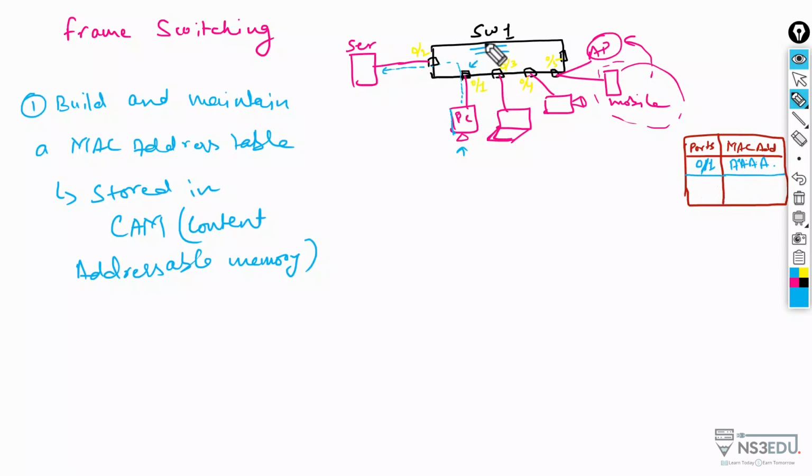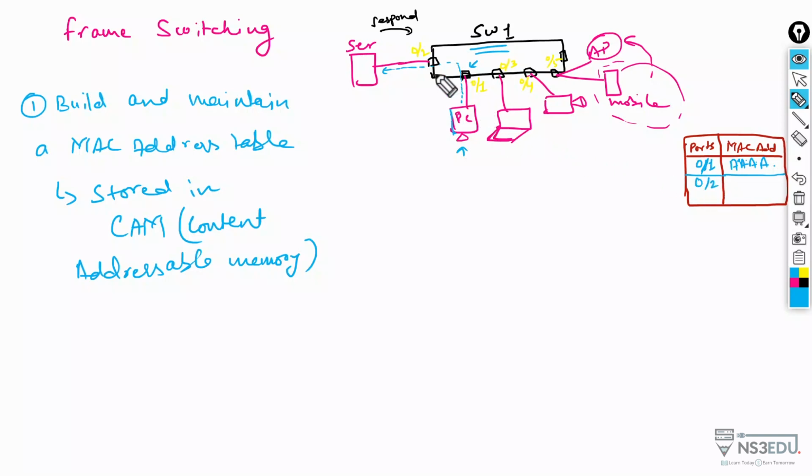Again, let's say this PC is sending some data to the server. When the server is going to respond, in that case the data of the server will be received at 0/2.